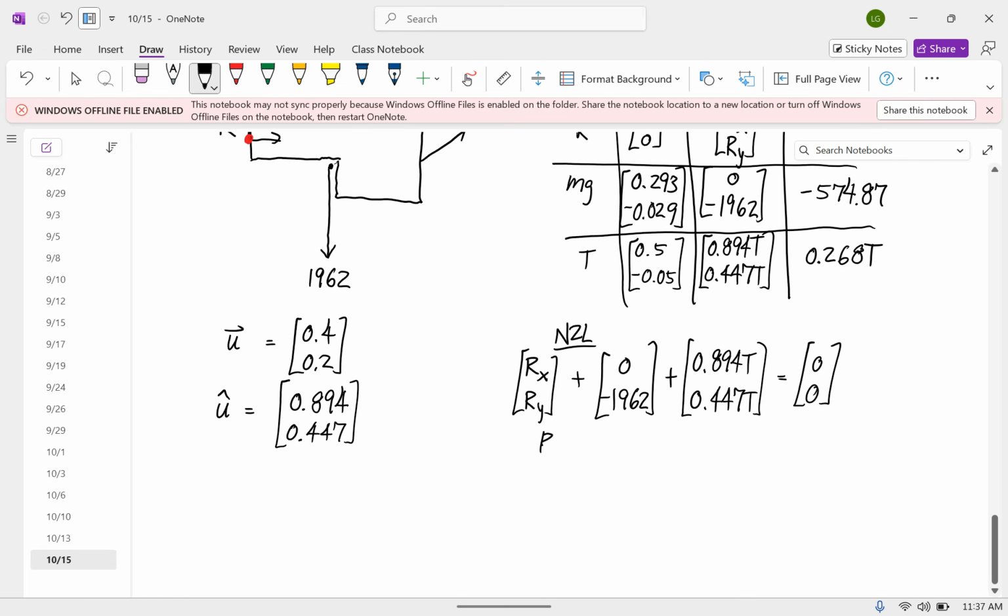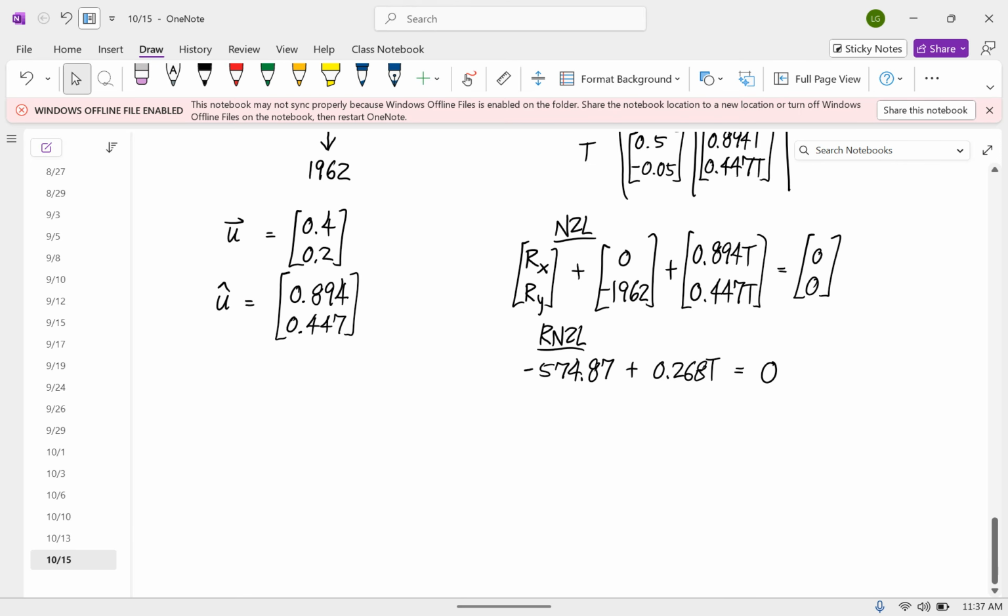And then the moment equation says negative 574.87 plus 0.268 t is equal to 0. And so t is 2145.04 newtons.